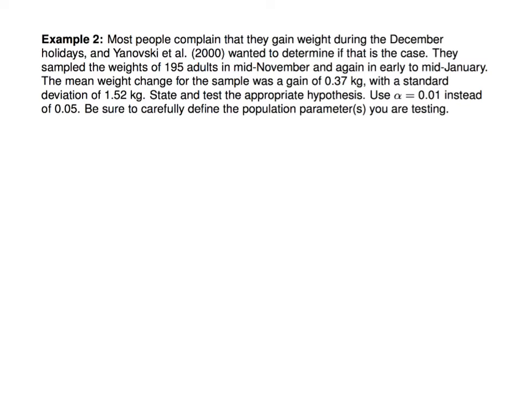We're going to use alpha equal to 0.01 instead of 0.05. Okay, so first thing, we're testing the hypothesis. Let's say H naught is that the difference in before and after weights is 0, so no difference.